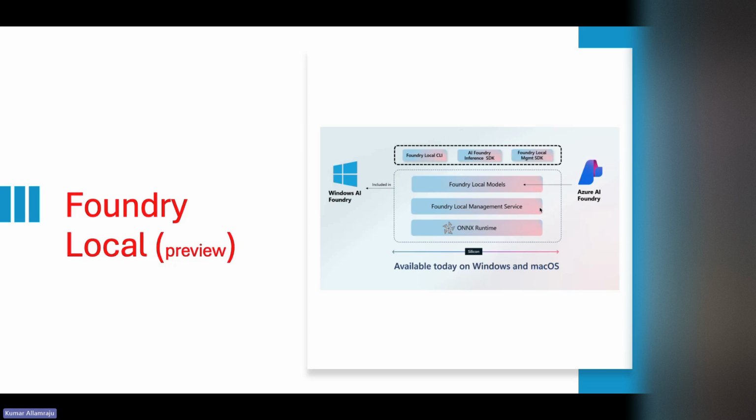But even these days, some Windows devices come with NPUs or some sort of GPUs, right? So Foundry Local brings that power and trust of AI Foundry to your devices. This includes everything you need to run these AI-generated apps locally, right?